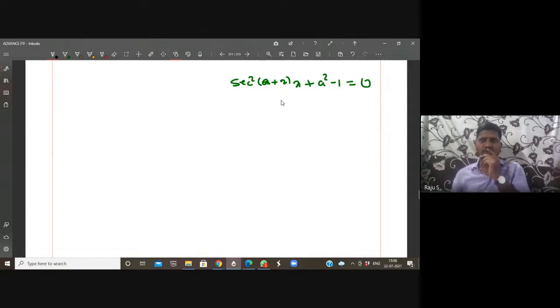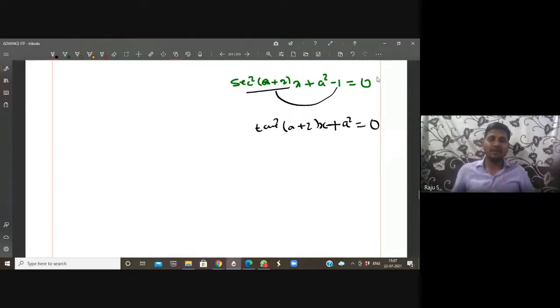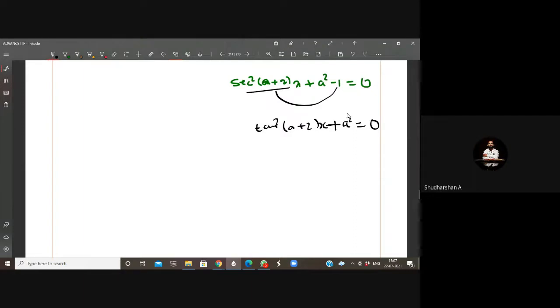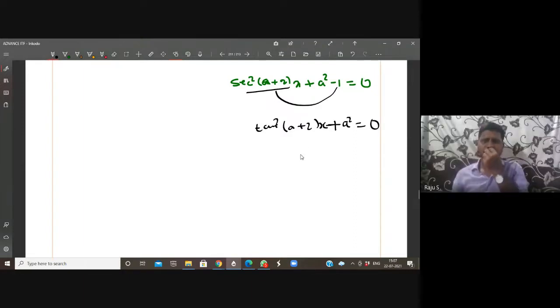Okay, students. What is secant square x minus 1? The formula: 1 plus tan square is equal to secant square, so secant square x minus 1 is tan square x.